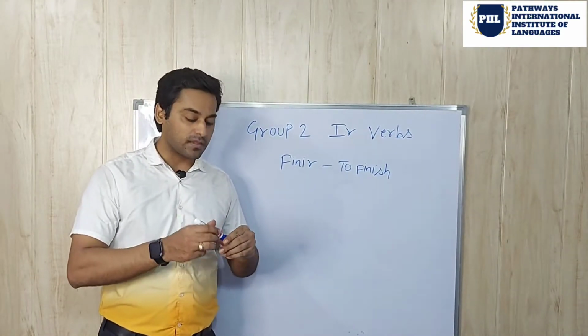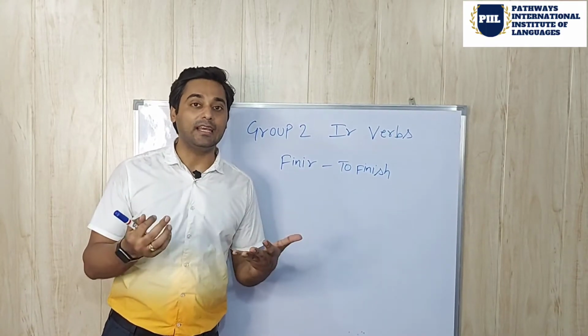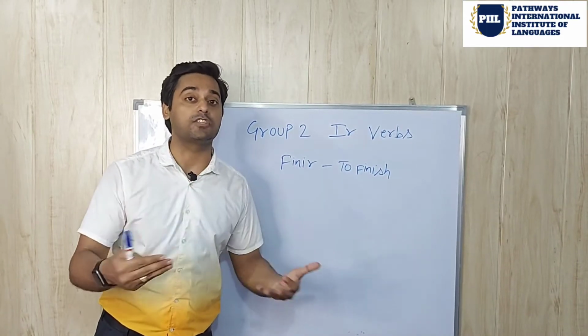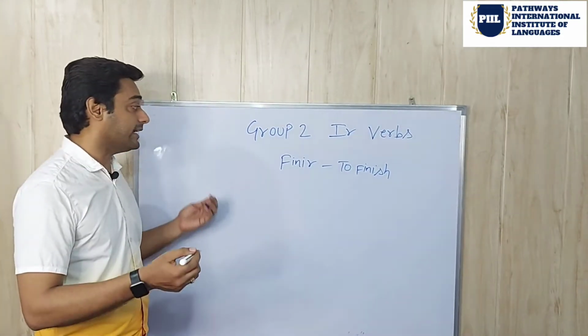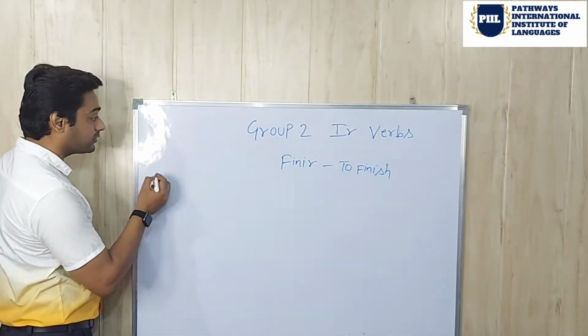As you all know, if we want to conjugate any verb in French, first and foremost we write down the subject pronouns, right? So what are the subject pronouns in French?